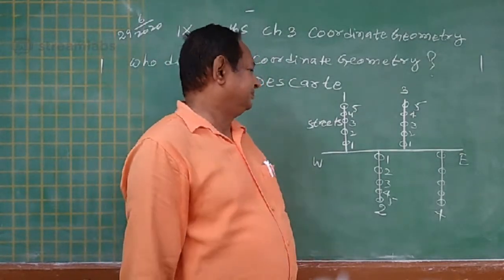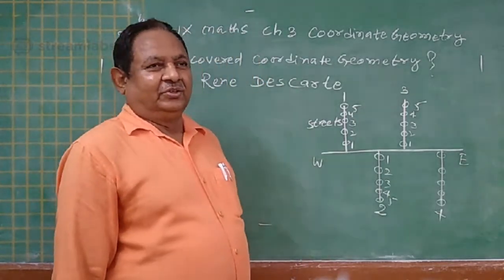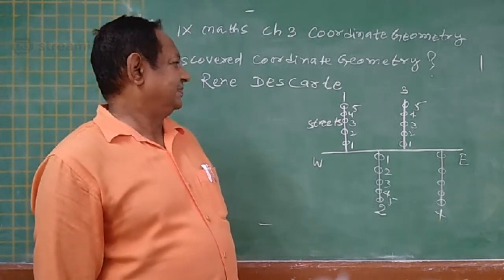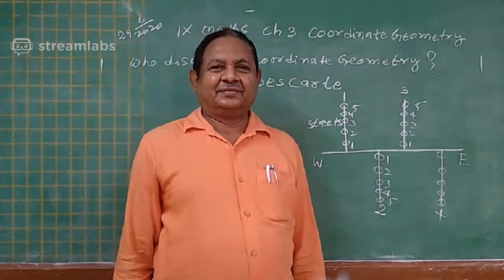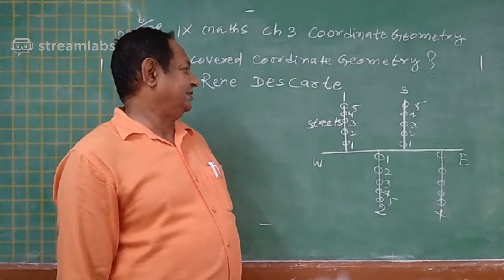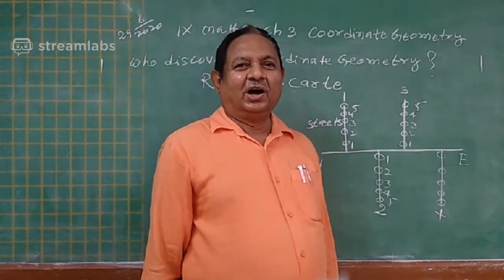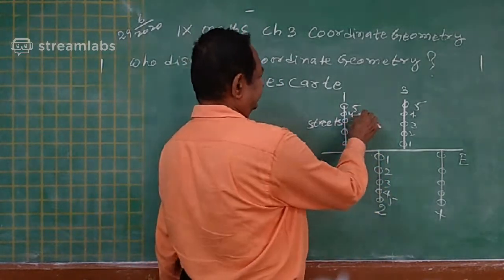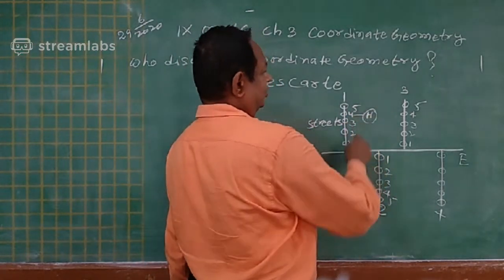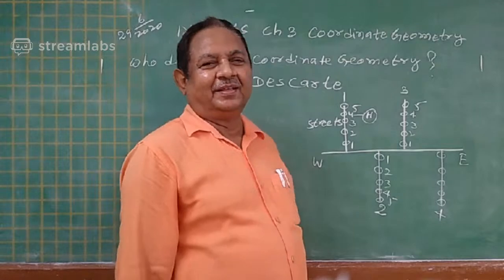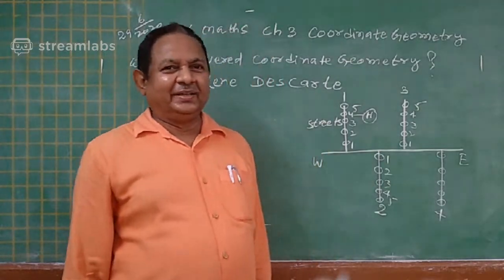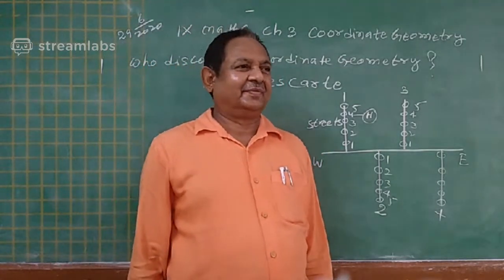Now suppose your friend resides in a street at house number 4. This is house number 4. Can you locate his house?